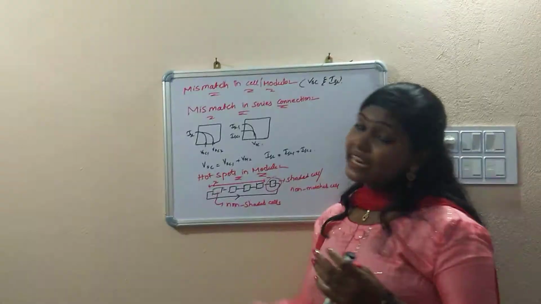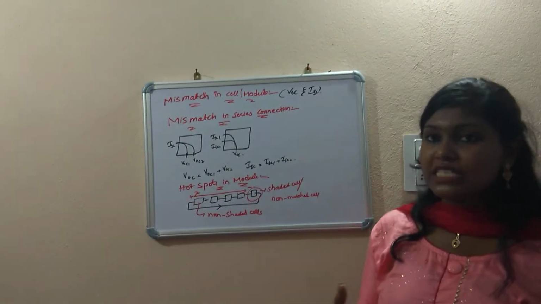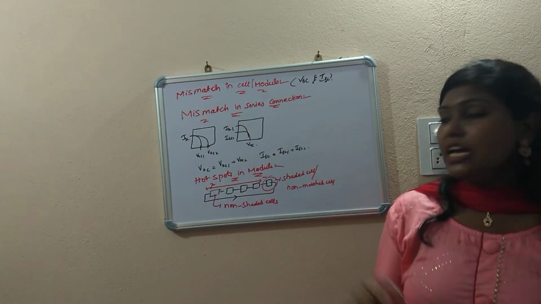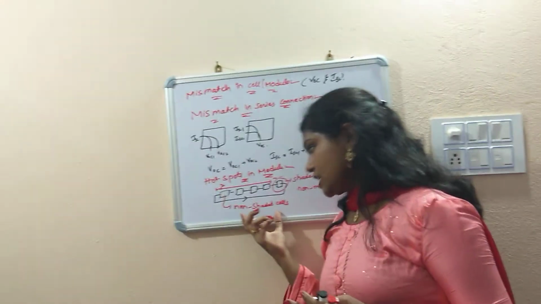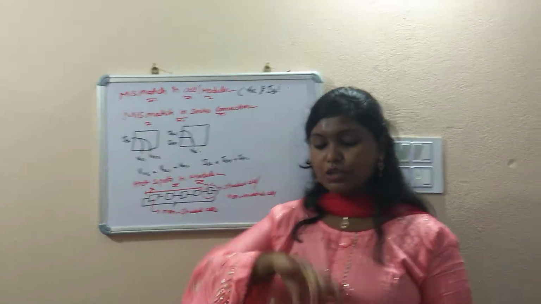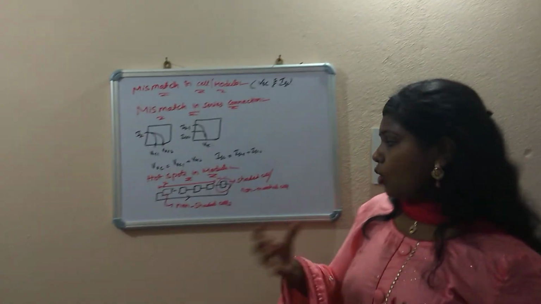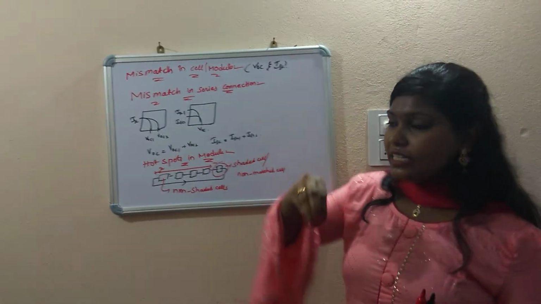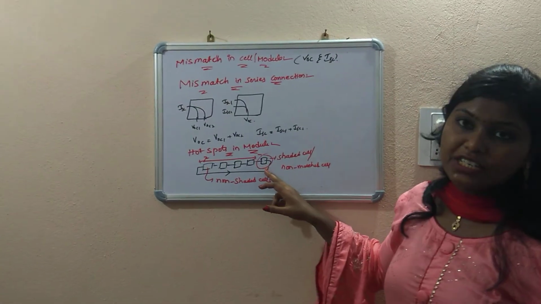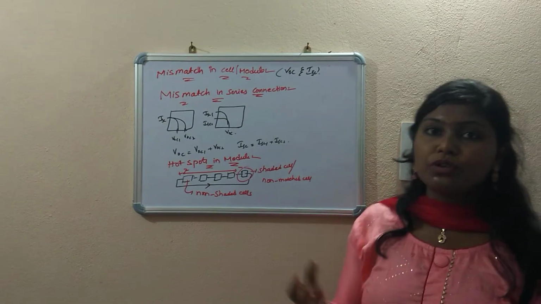If the shaded cell gets damaged, it does not give a good result. That means a hot spot occurs in the shaded cell. The power dissipated by the non-shaded cells causes heating. So the heating power increases in the module, and the current increases in the shaded cells. That gives hot spots in the module.